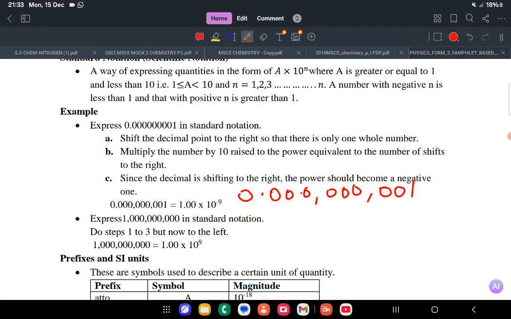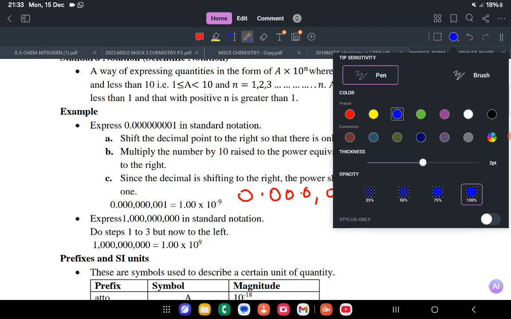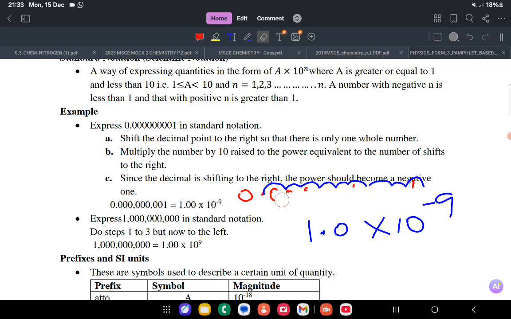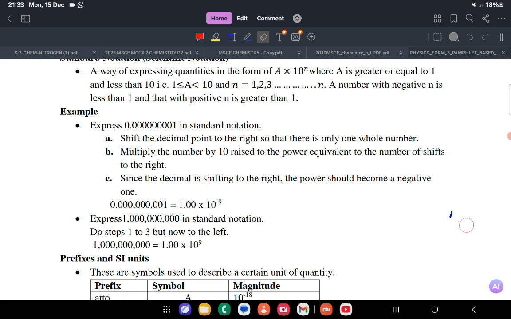Okay, so again, you shift the decimal point until you get a number which lies between 1 and 9. So you have 1, 2, 3, 4, 5, 6, 7, 8, 9. Then you have 1.0 times 10 to the power minus 9. Okay, this is so easy to do. You can practice this with any other decimal number until you are sure, you're convinced.